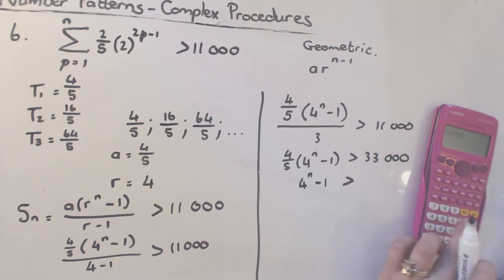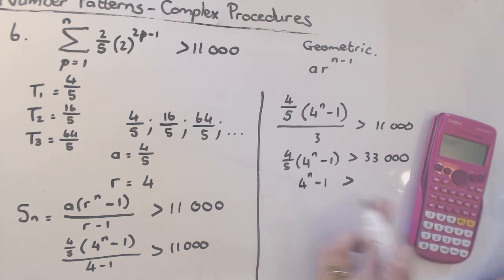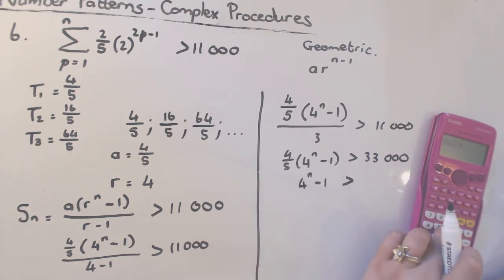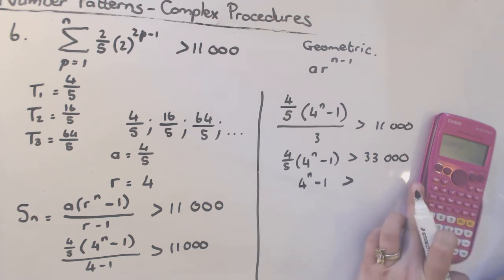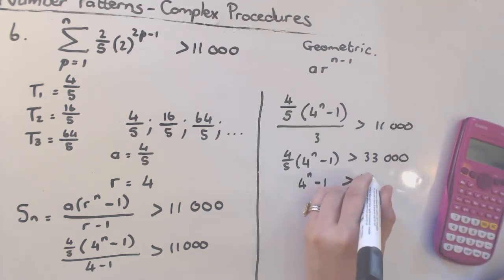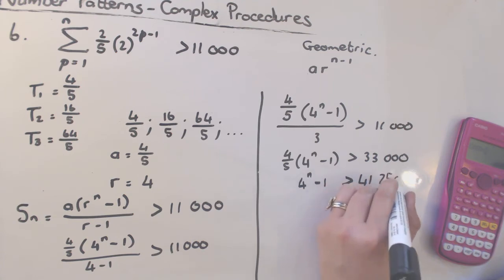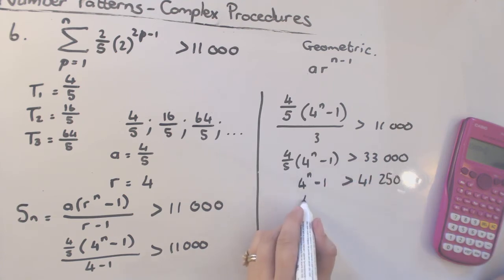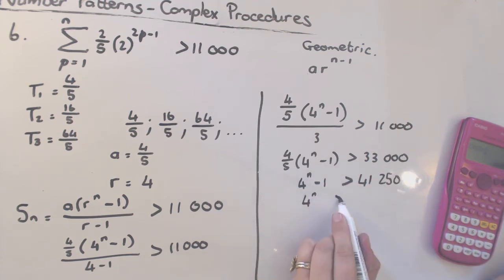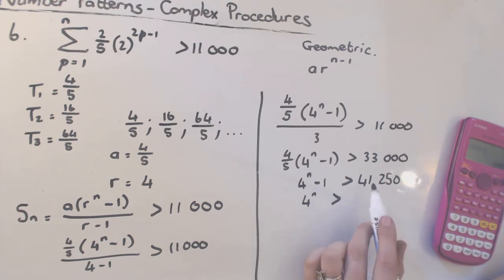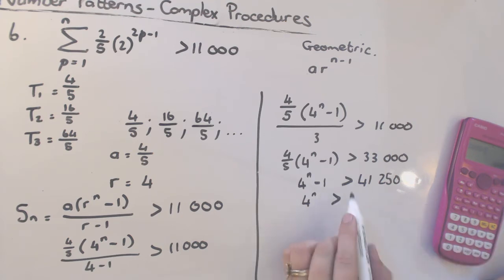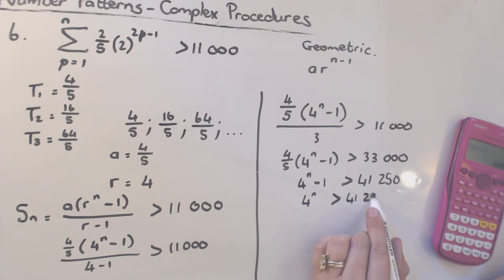33,000. Oops, that's one too many. 33,000 divided by 4 over 5. That is 41,250. So then 4 to the power of n should be bigger than 41,251 if I add that one.